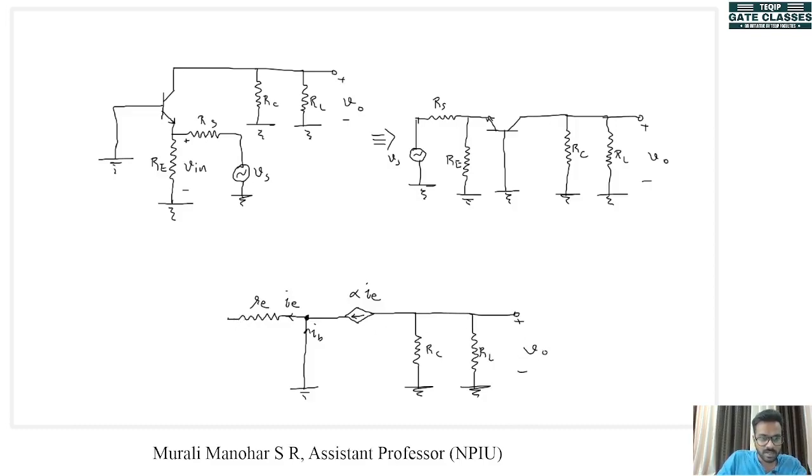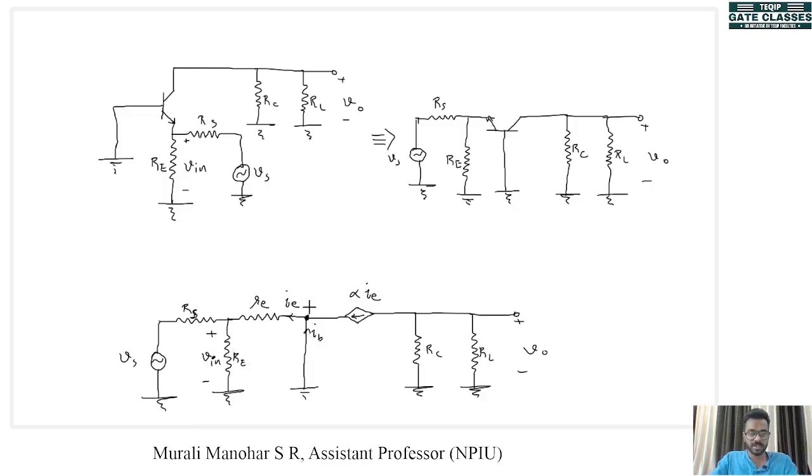Here there is the output. Now at the input side, here we have RE, RS and Vs. Now this is the equivalent circuit of our common base amplifier. We also know that across our RE we have plus or minus Vin.